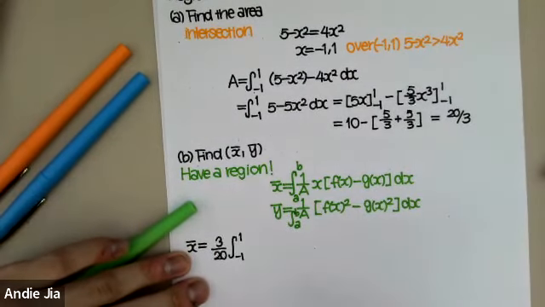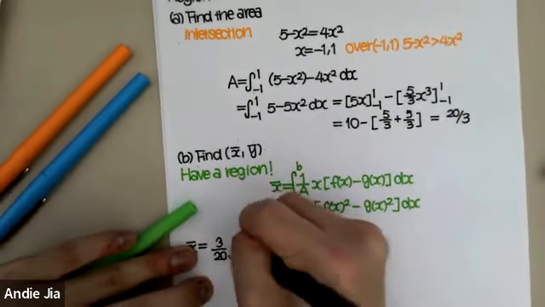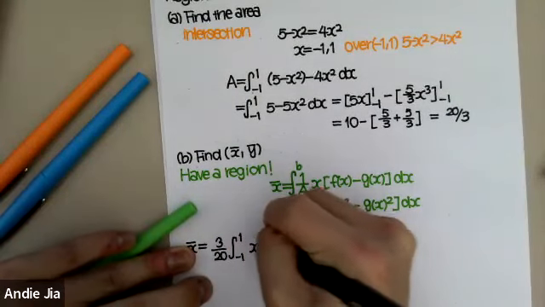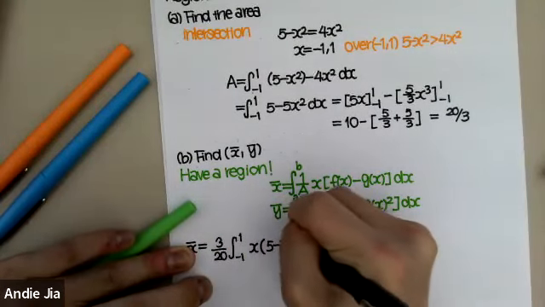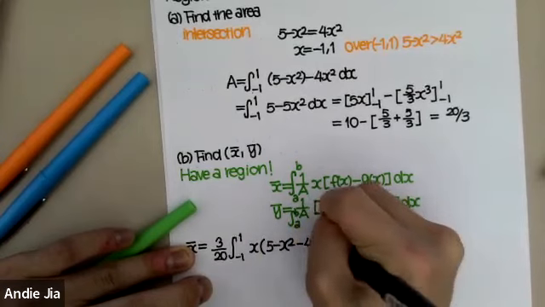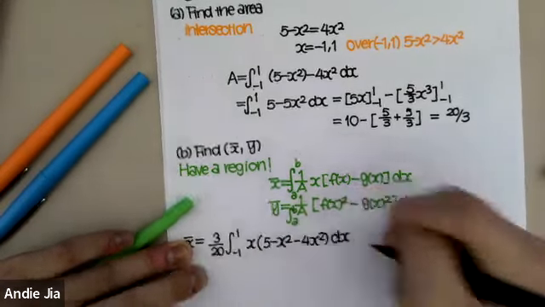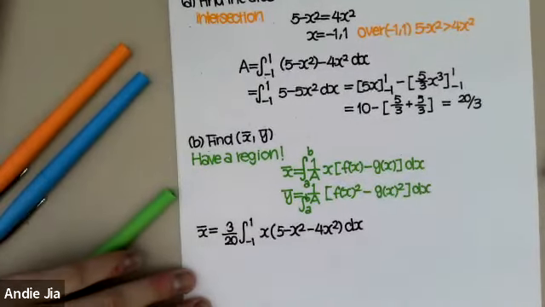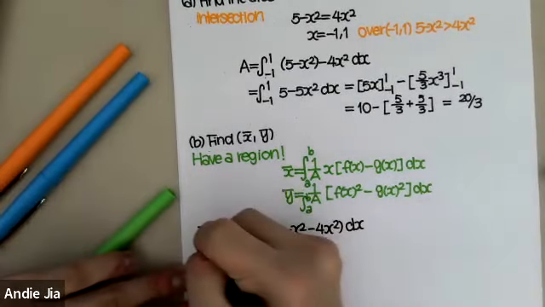We have this x, and multiply by 5 minus x squared and minus 4x squared, dx.